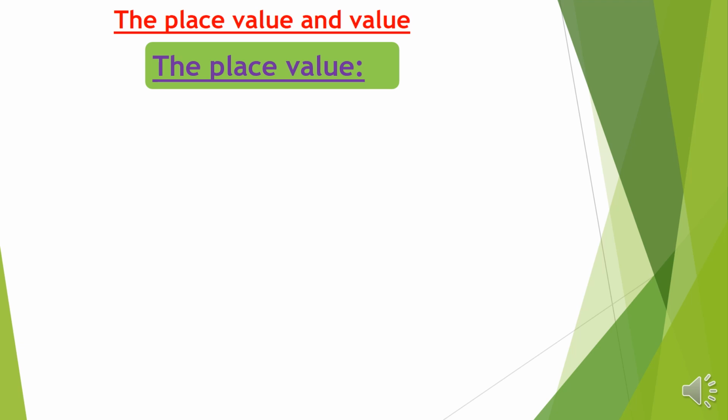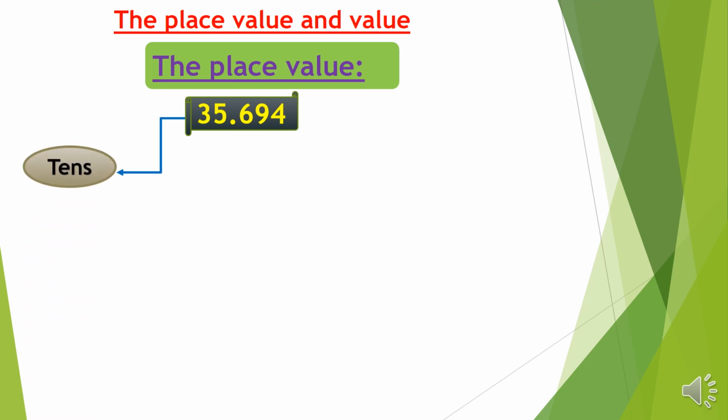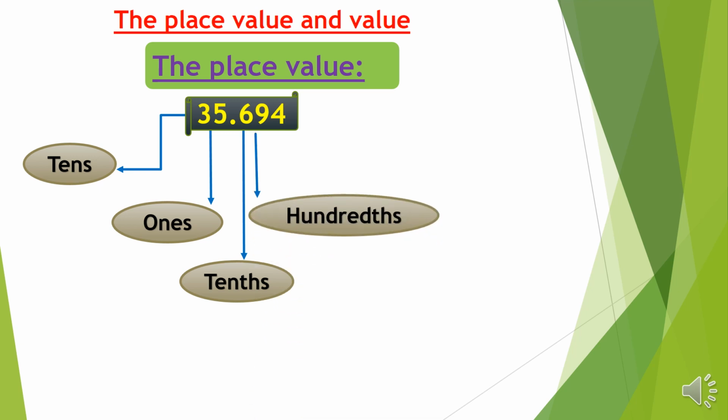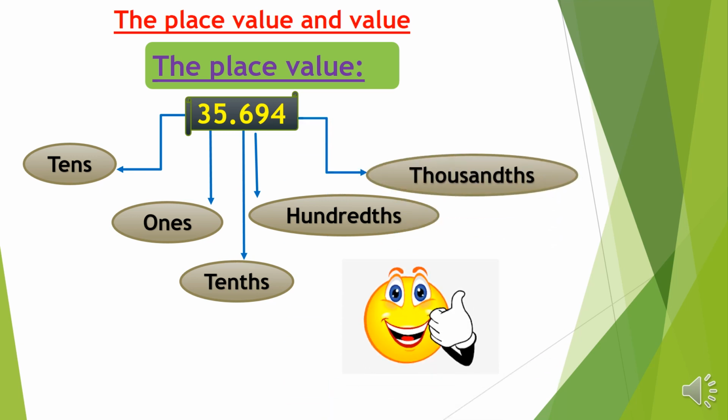So the place value and value. Let's start with place value. The place value of each digit: 3 is tens and 5 is ones, and by the way 35 represents the whole number. After the decimal point we speak about decimals. The first digit after the decimal point is tenths, 9 is hundredths, and 4 is thousandths.